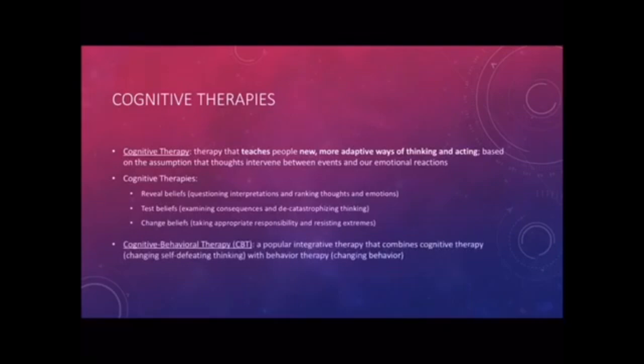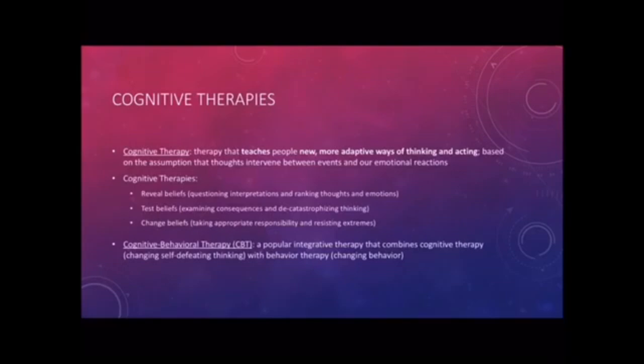Okay. And then cognitive behavioral therapy, this is the most popular and really most widely successful therapy that we have available for people. So if cognitive therapy is to change the way that you think, and behavioral therapy is to get rid of bad behaviors, cognitive behavioral therapy is to both change the way that you think and change the way that you act.